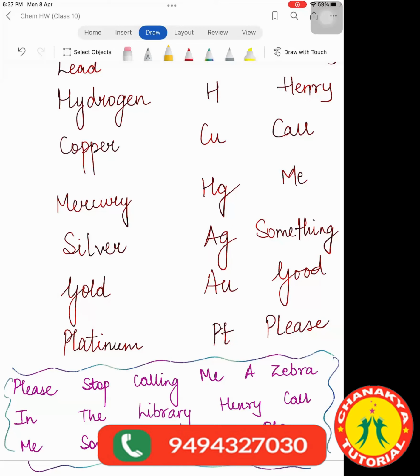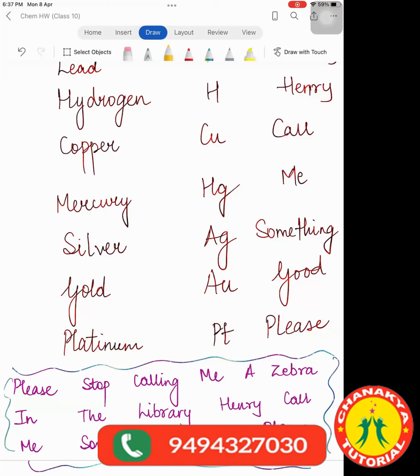Now, children, an important thing to remember is that these elements are, first of all, metals. Second, they are arranged in the decreasing order of their reactivity.